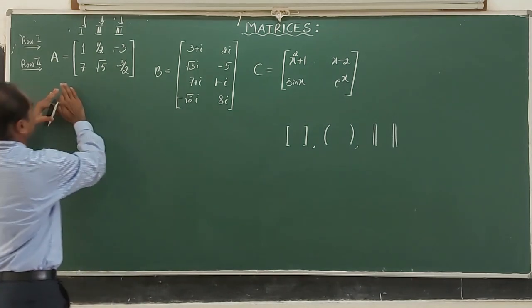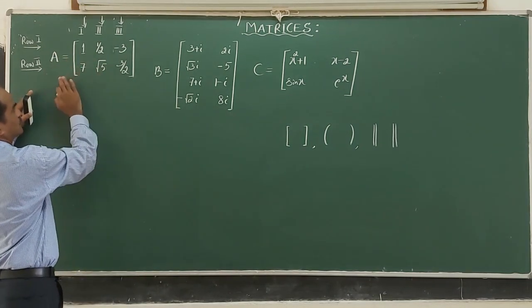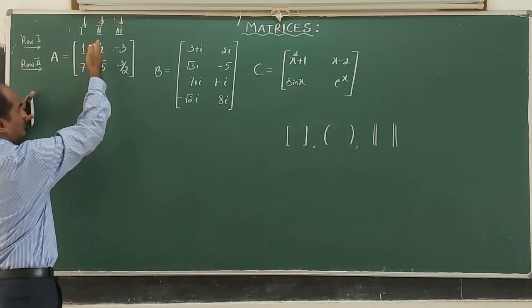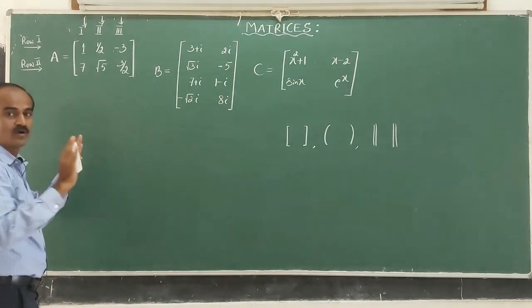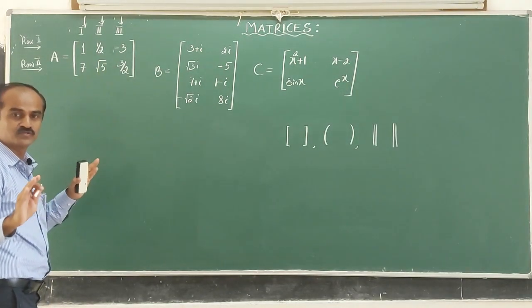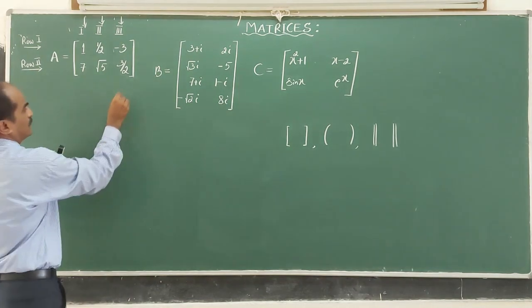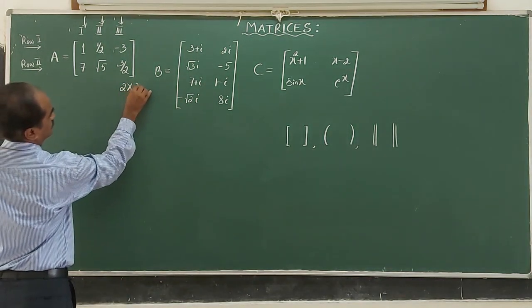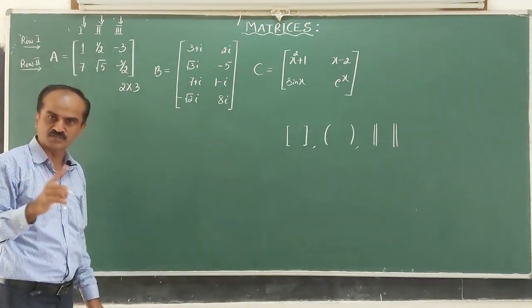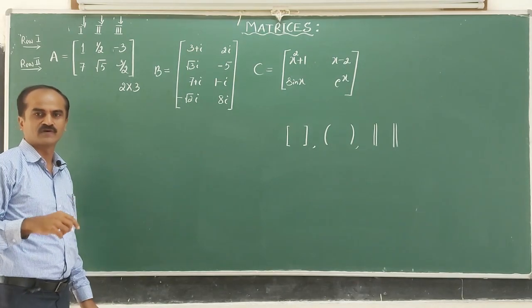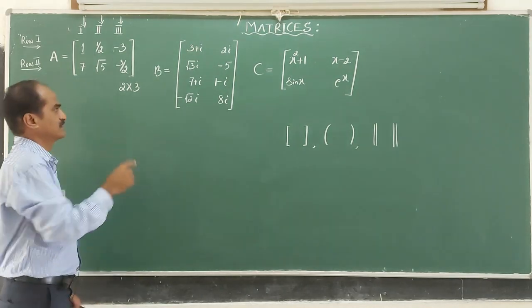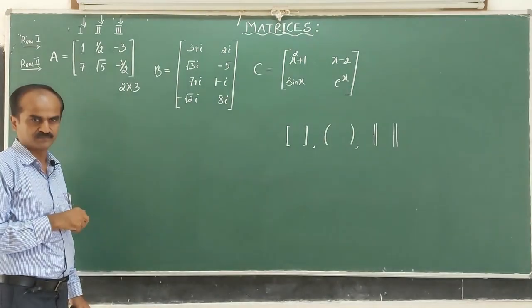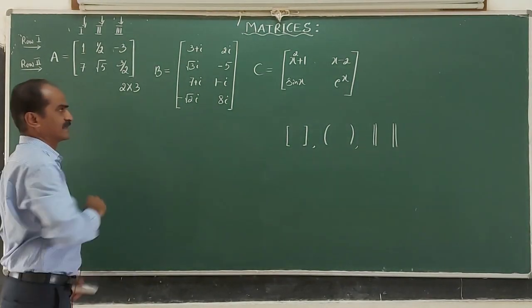Now here, this matrix contains 2 rows and 3 columns. So we have to say that the order of this matrix is 2 by 3. While writing, it should be written as 2 cross 3, and while reading, it should be read as 2 by 3.